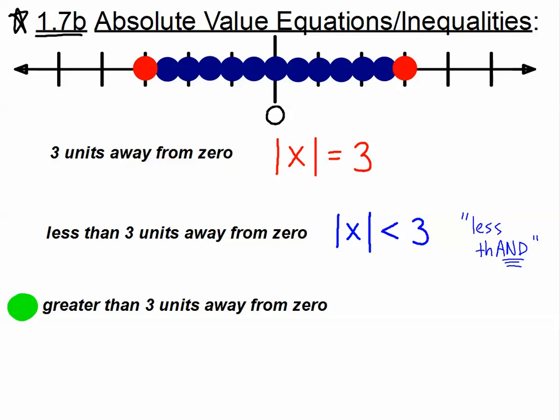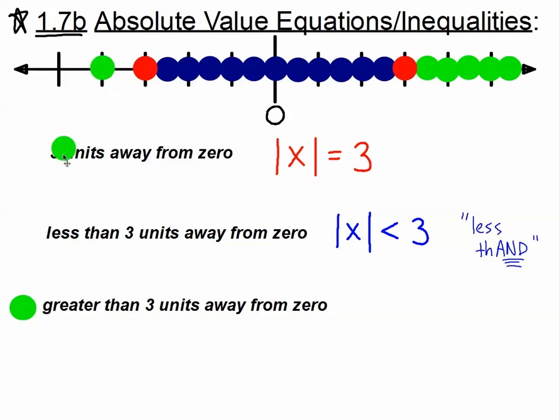Now let's talk about all the numbers that would be greater than 3 units away from 0, and that's what I have in green. So of course 4 would be greater than 3 units, and 5, and how about everything in between? How about 3.5, and how about 4.5, and how about 5.5, and of course all the way up to infinity. Let's go on the left side.